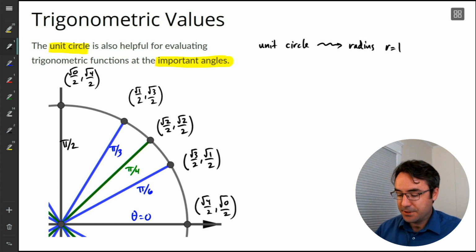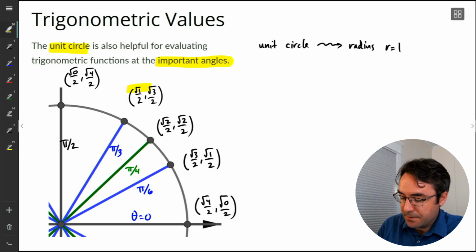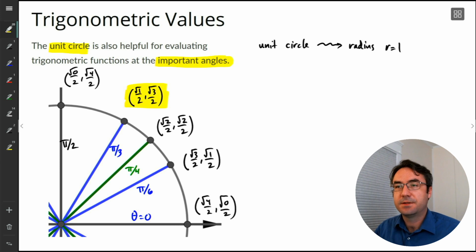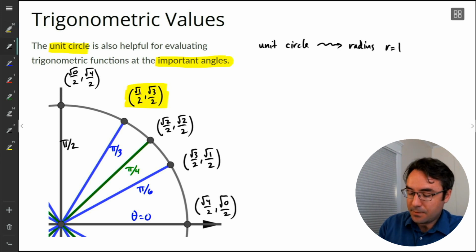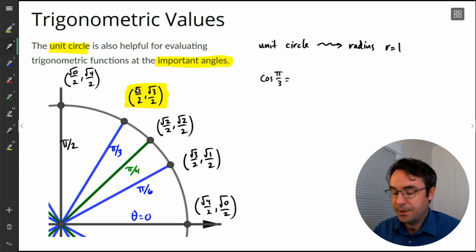So when we look at one of these points, let's say for instance right here, let's look at this point. This one's really telling us that cosine of pi over 3 is equal to square root 1 over 2, which is just 1/2.